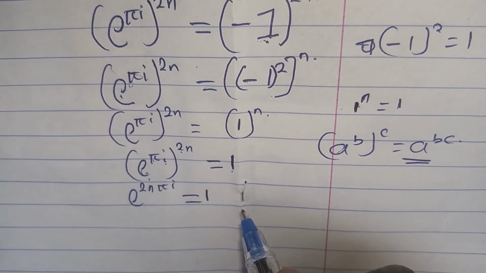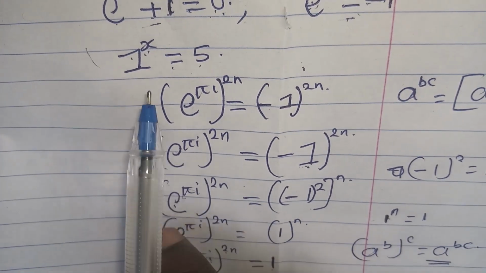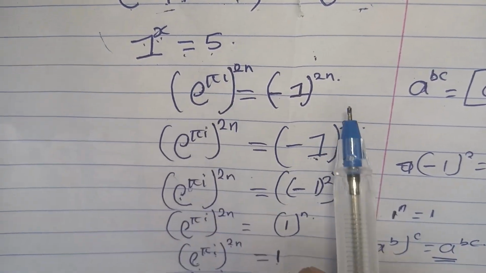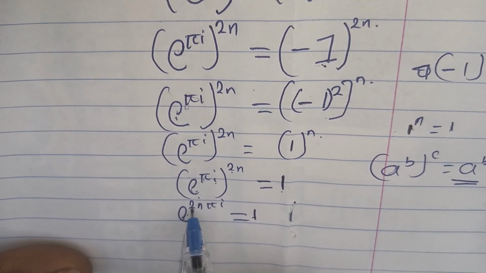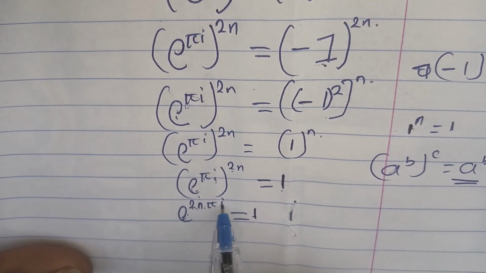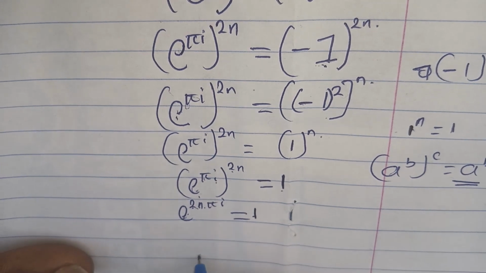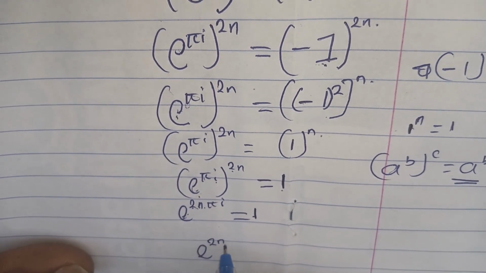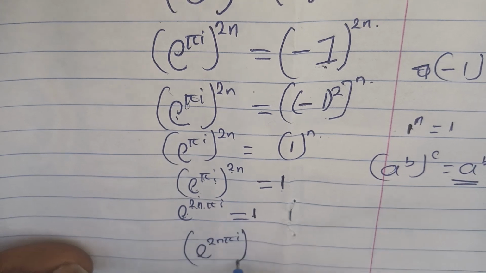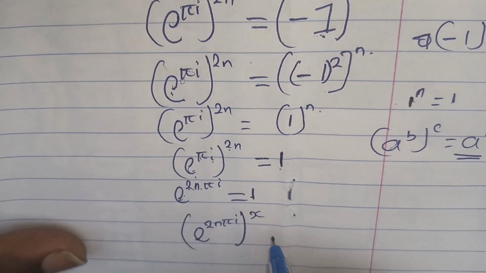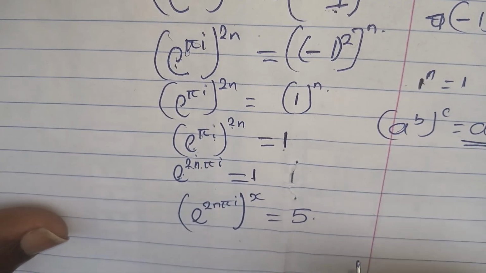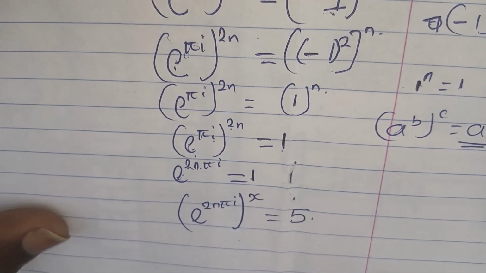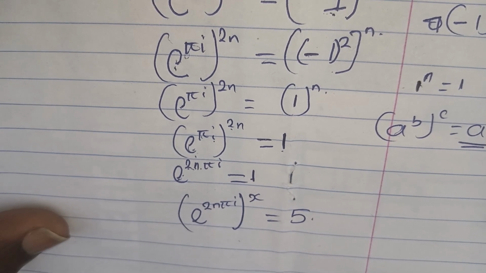So coming back to our equation which says 1 to the power of x is equal to 5, in the place of 1 we are putting e to the power of 2n pi i. So we write this as (e to the power of 2n pi i) to the power of x equals 5. So what are we simply going to do?